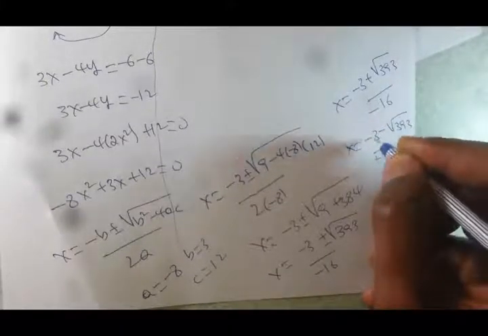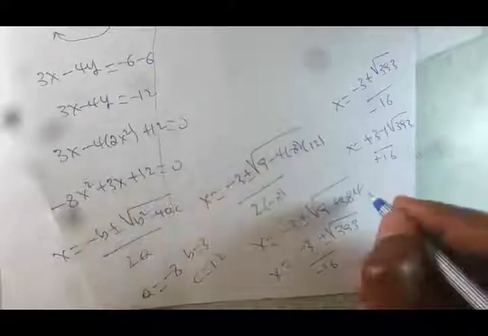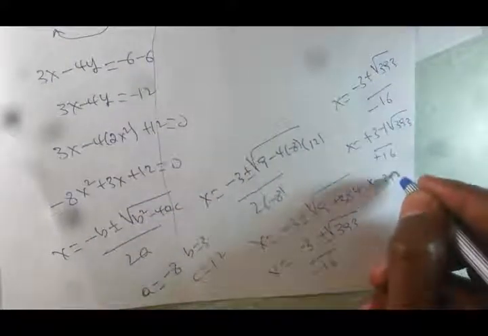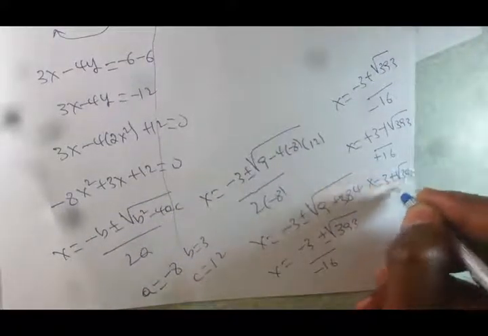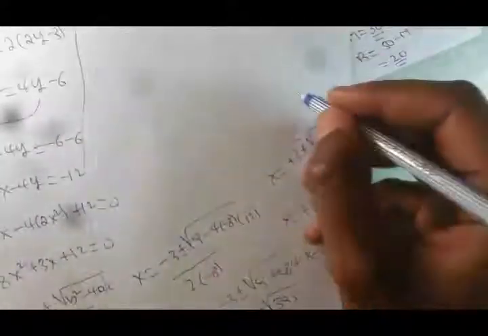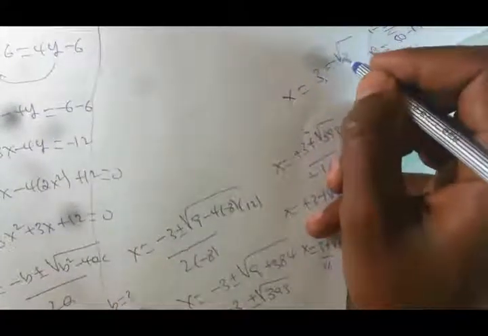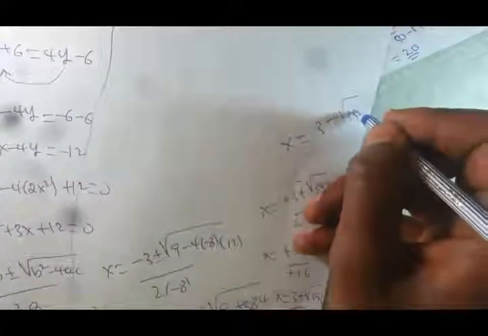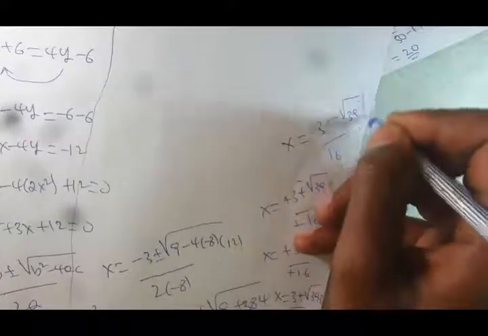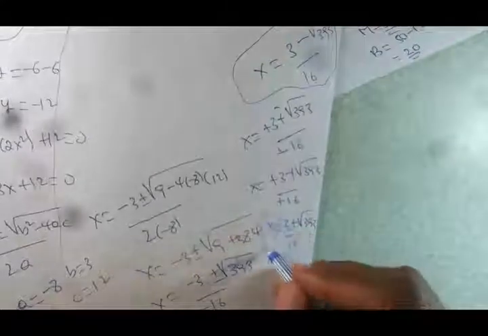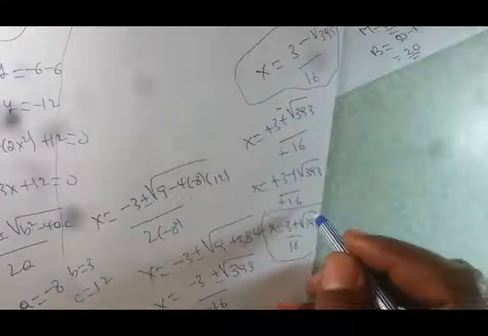So this minus 16 will cancel both of them. Therefore the value of x will be 3 minus square root of 393 over 16, or this minus will cancel this and this becomes positive. The value of x will be 3 plus square root of 393 over 16. Therefore this and this become the answer.